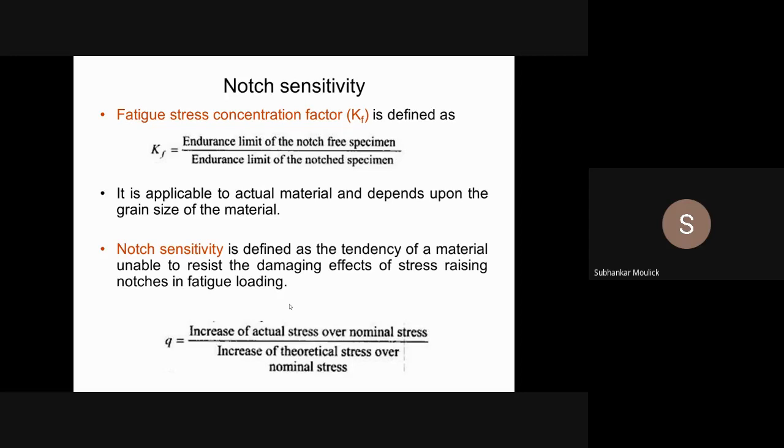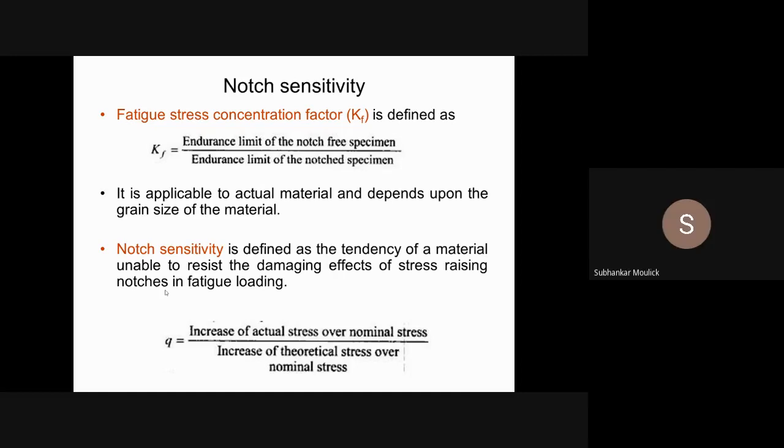The definition is exactly similar to what I have explained to you. How much the notch is sensitive to fatigue loading and how less a notch is sensitive to fatigue loading. Okay. Any doubt so far? Hello. No, sir. No doubt.